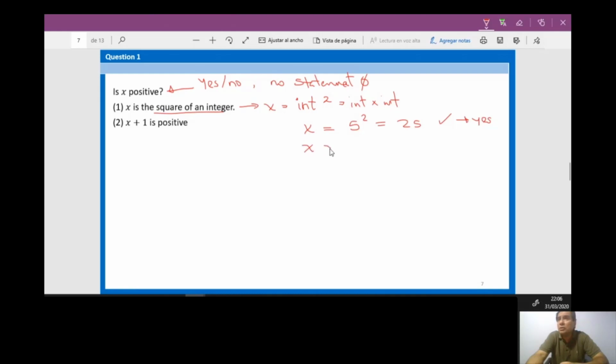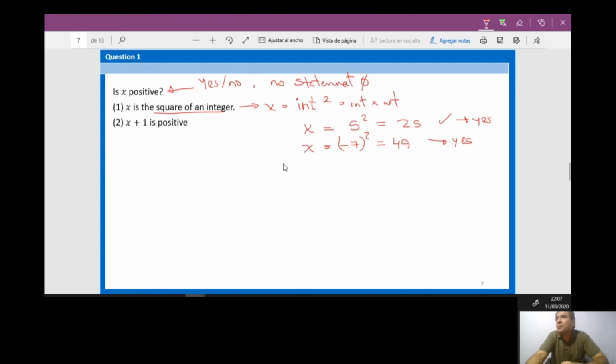And in this other situation in which x is the square of a negative number, for example, negative 7 up to 2 equals 49, because that is the product minus 7 times minus 7, which is also a positive number. So we can answer yes to the question. So Kathy believes that because of this, no matter you raise an integer up to 2, you will always get a positive value. So the answer will always be yes.